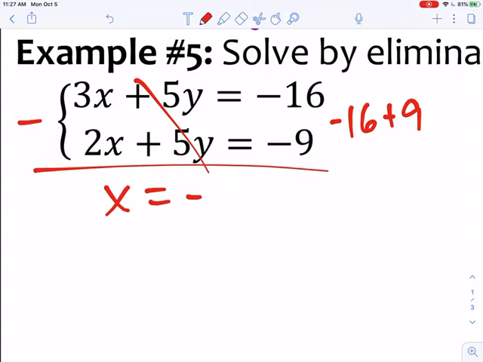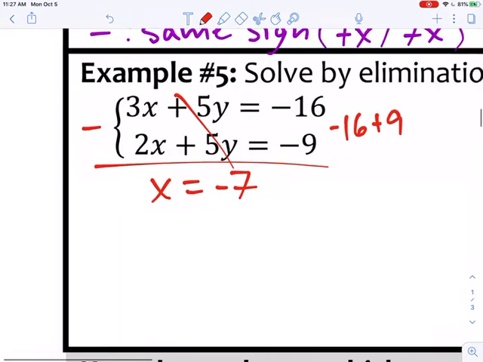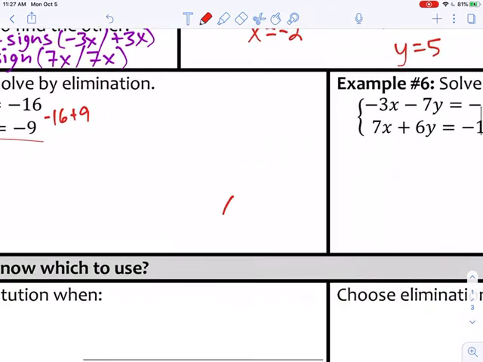Oh, sorry. I'm losing my little mind. Yeah, 7. Sorry, guys. All right, so we got negative 7. All right, so that gives us our x value already. So we can go ahead and identify that x value.